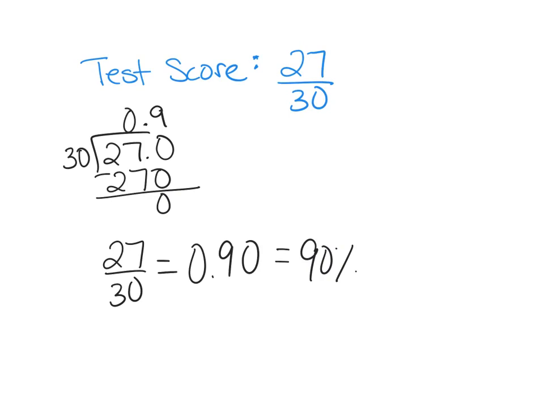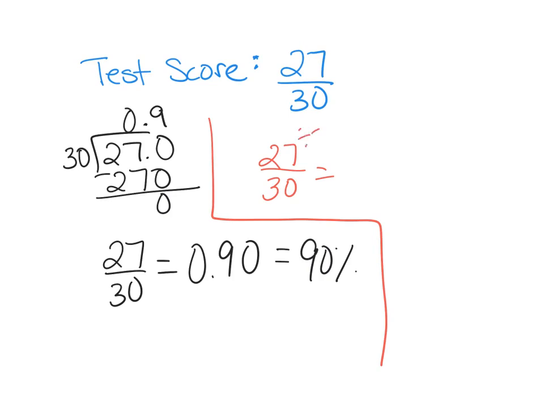Another way that I can solve this is I can see if there's any reducing of 27 30ths to make it something compatible with 100. I know if I divide both 27 and 30 by 3, I'm going to get something that works nicely. 30 divided by 3 is 10. 27 divided by 3 is 9.